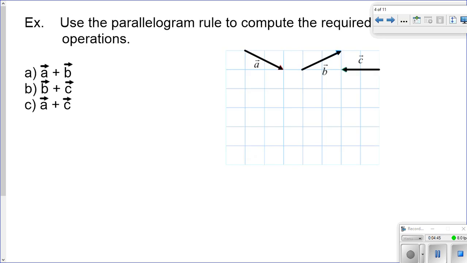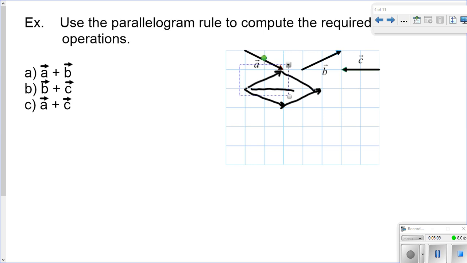Okay, so let's use the parallelogram rule to compute some of these ones here. So here's A. So A plus B, so I have A plus B, and I do a sort of combination.